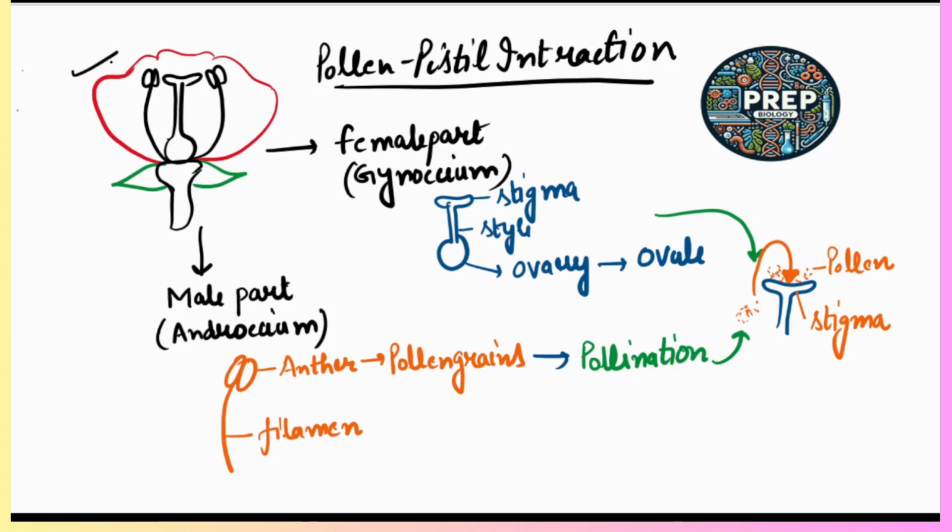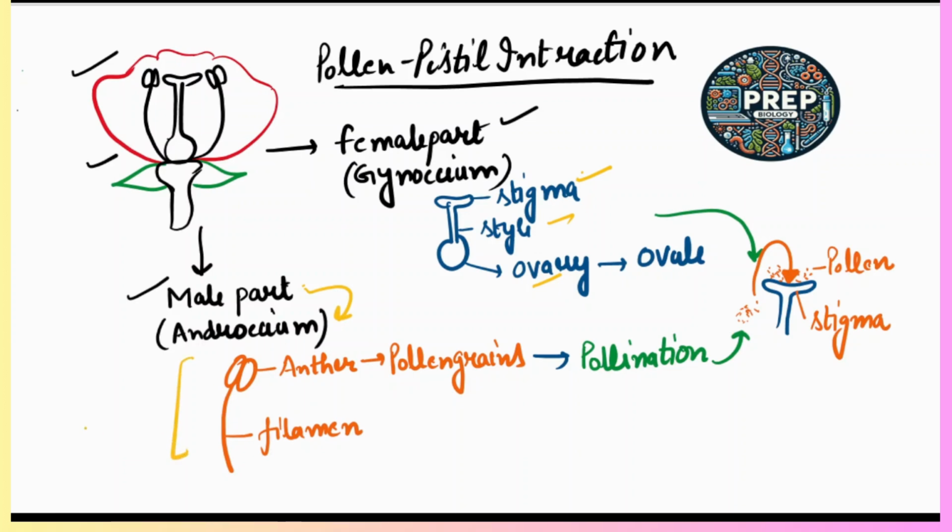If we start from the beginning, we have the reproductive part of the plant, that is the flower. We have the female part and the male part. The female part is called the gynoecium, that contains the pistil, and the pistil has stigma, style and ovary. The male part is called the androecium.